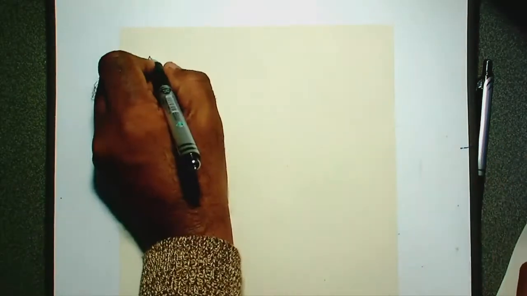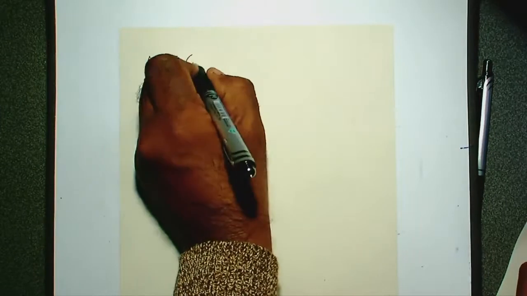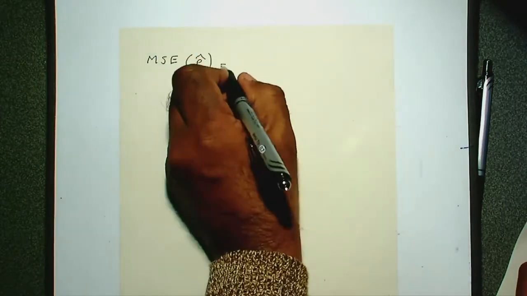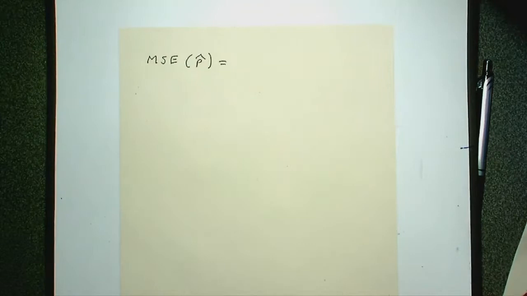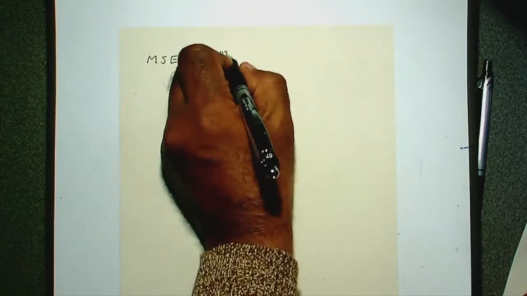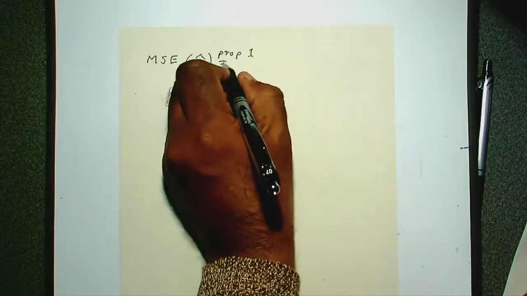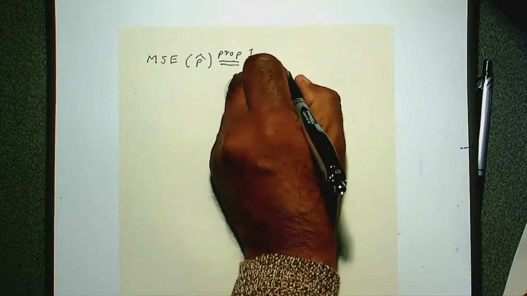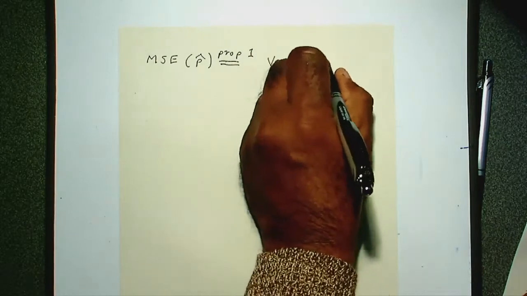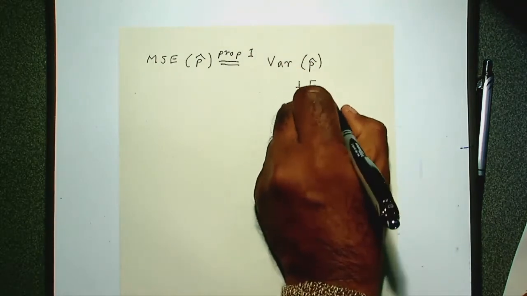So that's the first part. The second part is to find the MSE. MSE of p hat is, by property 1, we can write this as the variance of p hat plus the square of the bias.